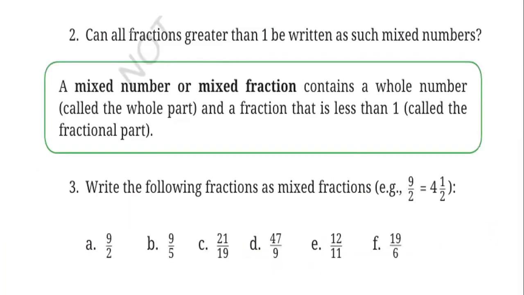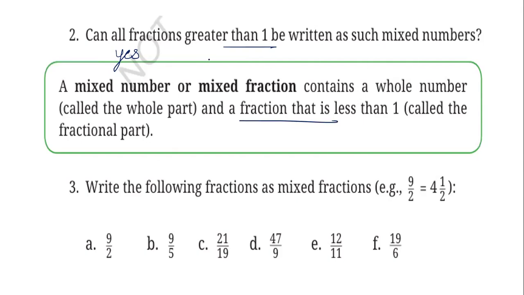Next, can all fractions greater than 1 be written as mixed fractions? Yes. A mixed number or a mixed fraction contains a whole number called the whole part and a fraction that is less than 1 called the fractional part.